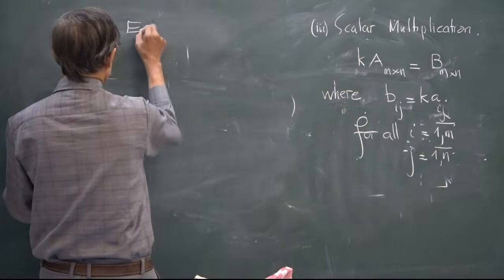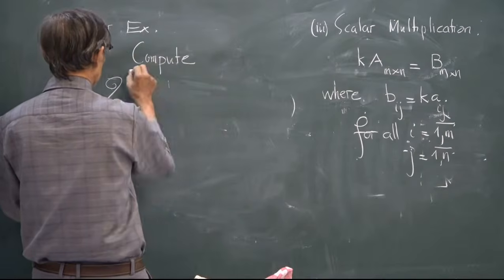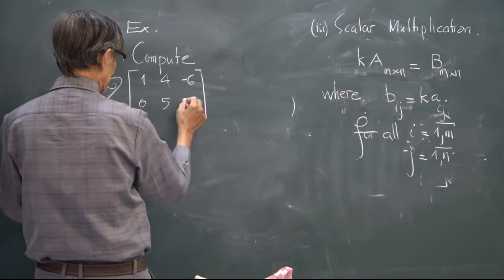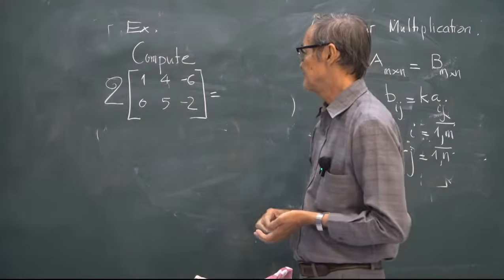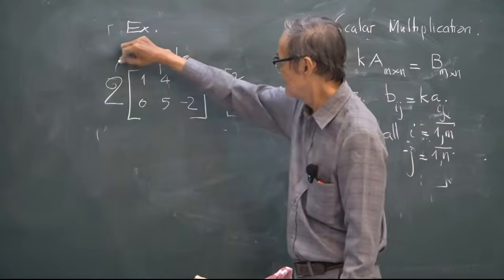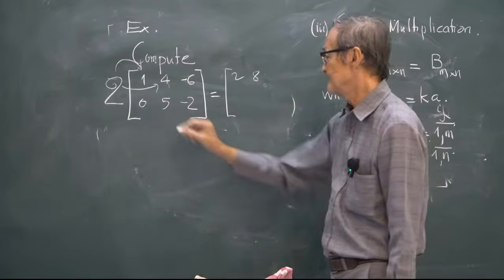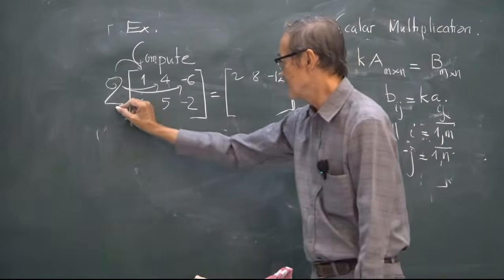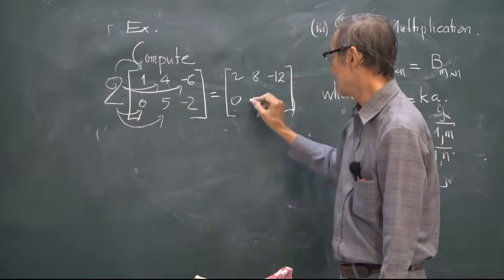For example, compute 2 times the matrix 1, 4, minus 6, 0, 5, minus 2. 2 times 1 is 2. 2 times 4 is 8. 2 times minus 6 is minus 12. 2 times 0 is 0. 2 times 5 is 10.